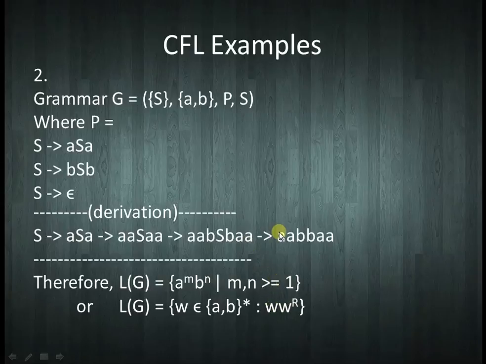Just by looking at the generated string of the given grammar, we can immediately observe that the language accepts a string of A's and B's where the number of A's is twice the number of B's. We have 4 A's here and 2 B's.